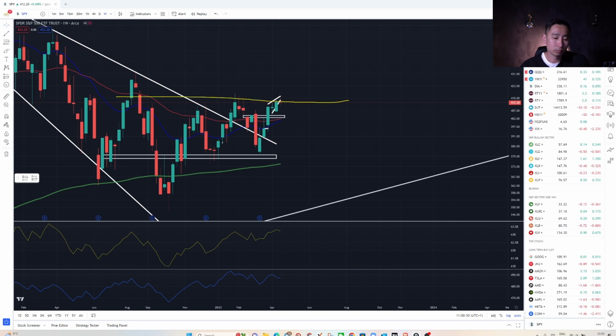This level here on SPY, which I believe is around the 415, is a major level that I wanted to see it break through, but if it can't, we could see it needs to recharge or range around in this area. But the longer it ranges around here, the more bearish I'm going to be.